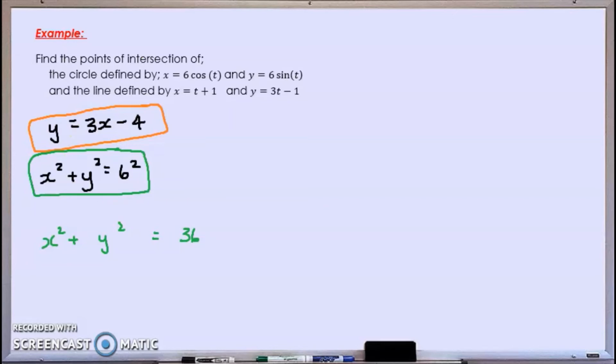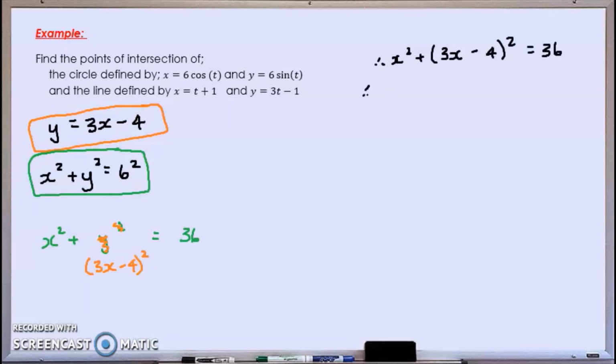So what I can actually do is replace the y with 3x minus 4, squared, and therefore I have the substitution. So now I'll be dealing with an equation that says x squared plus (3x minus 4) squared equals 36.